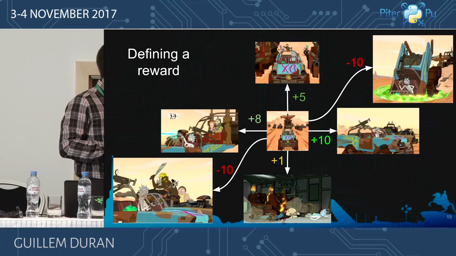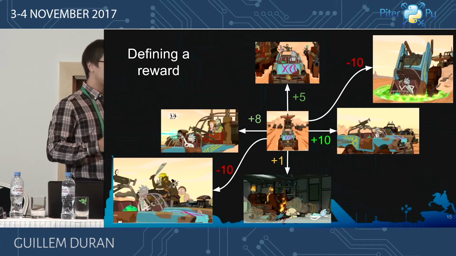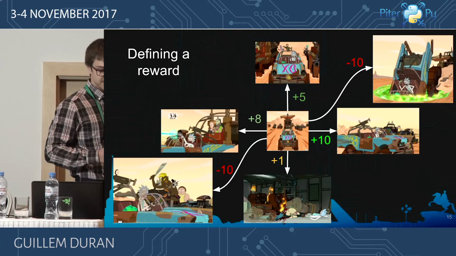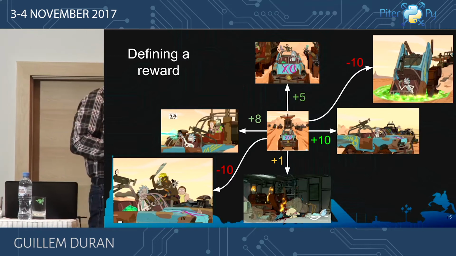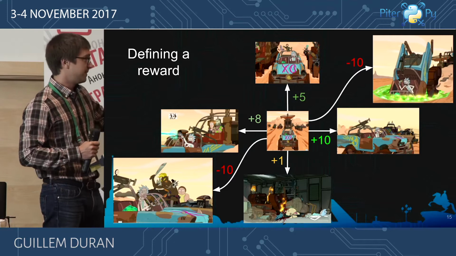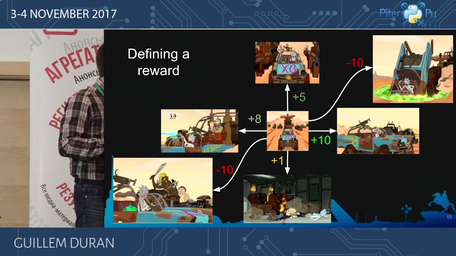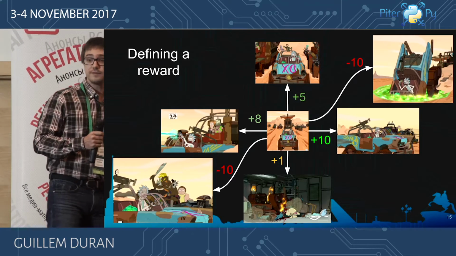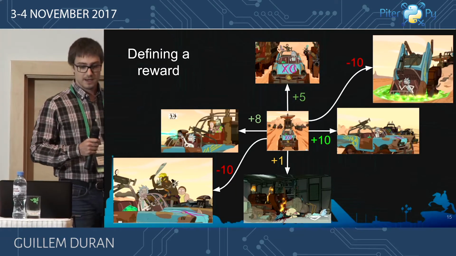And if we want to choose a good reward distribution, it should comply with 3 different properties. First, the better the action, the better the reward you get for it. Bad actions should lead to lower rewards or even negative rewards.